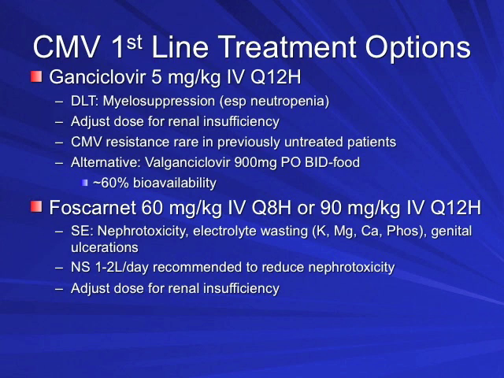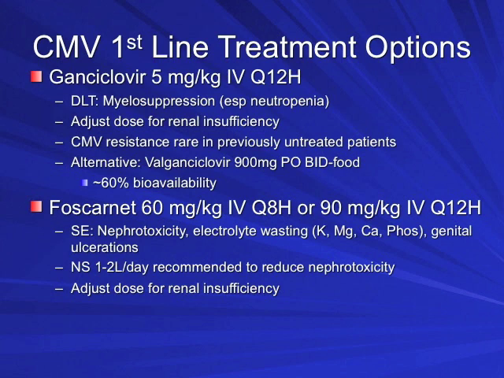And we have the alternative of giving oral valganciclovir, which is a prodrug for ganciclovir, at 900 milligrams twice a day with food. It has about 60% bioavailability, so this has been useful for us. Or our second-line therapy is generally foscarnet, 60 milligrams per kilogram IV Q8 or 90 milligrams per kilogram Q12.